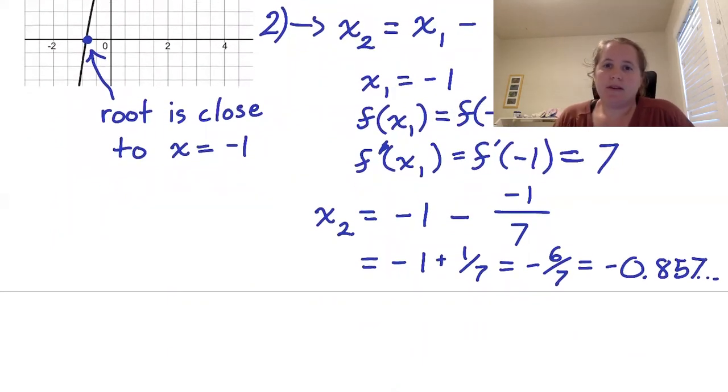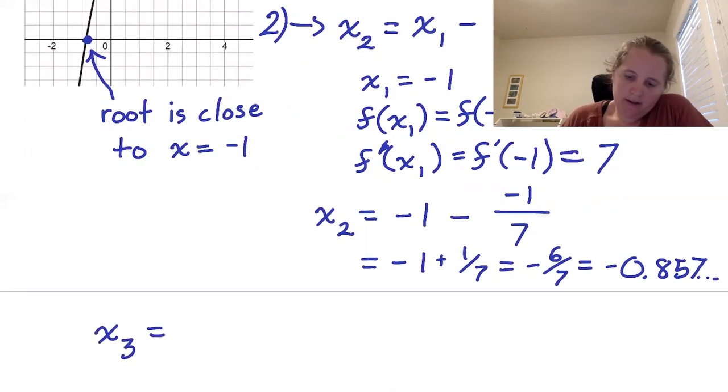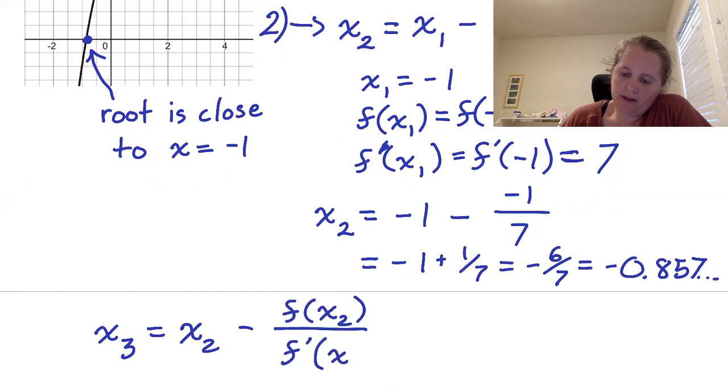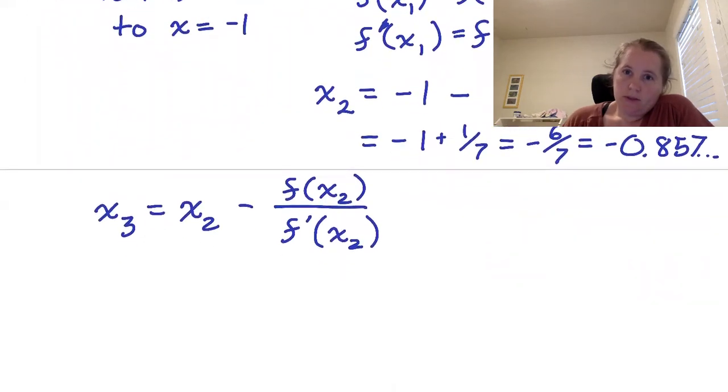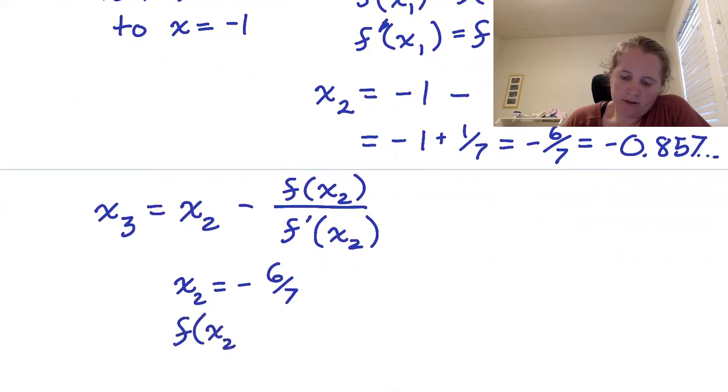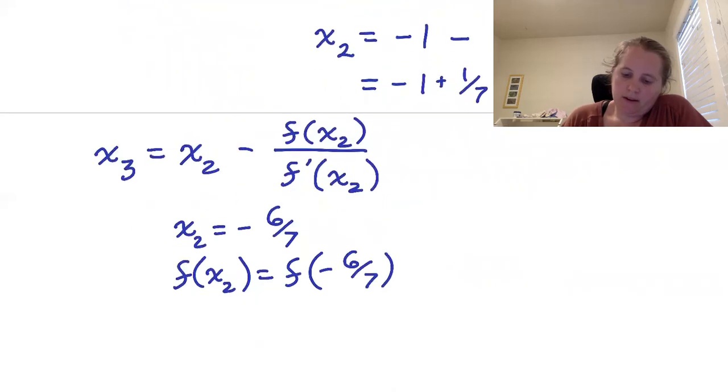So now we're going to repeat. So we will have x3 is equal to x2 minus f evaluated at x2 divided by f prime evaluated at x2. So we saw that x2 was negative 6/7. So we will find f of x2 is f of negative 6/7. And f prime of x2, we are looking for f prime of negative 6/7.